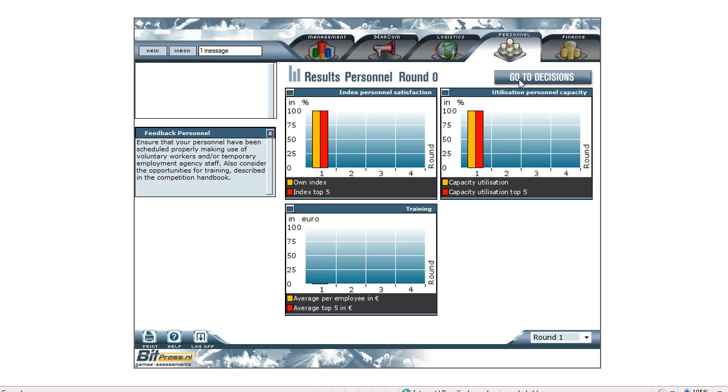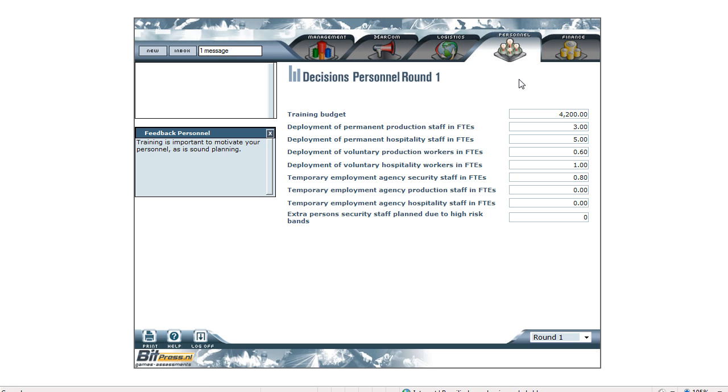Ensure that your personnel have been scheduled properly, making use of voluntary workers and or temporary employment staff. Also consider the opportunities for training described in the competition handbook. When we go to the decision page, we can see that we can make the decisions in here, and don't forget the training. It's important to motivate your personnel, and that's of course very important for the personnel satisfaction.